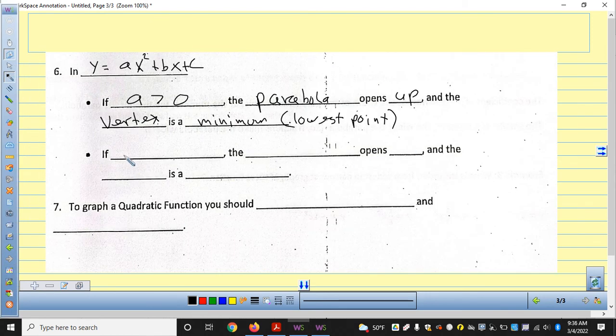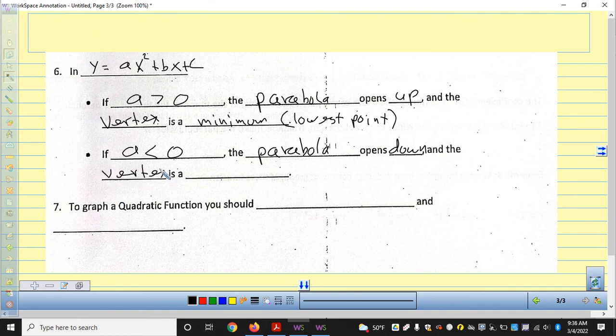If a is negative, a less than 0, the parabola opens down, and the vertex is a maximum, or the highest point.